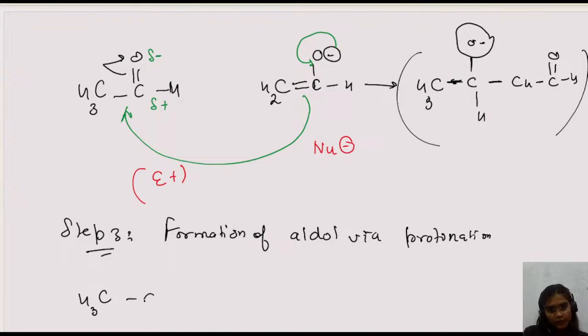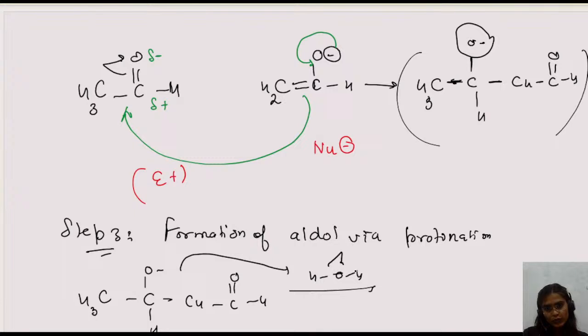It's a CH3 and an O negative, this is hydrogen, and some water is there like this. O negative simply attacks here, this bond opens up, and OH negative is released. And then we are getting CH3. Don't worry, I will change the position of my video.